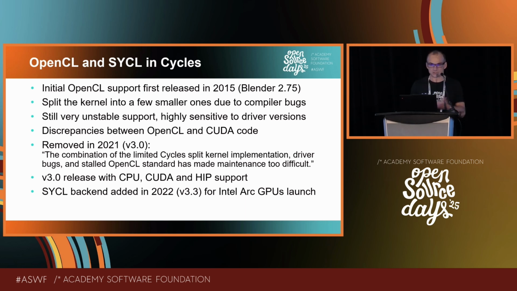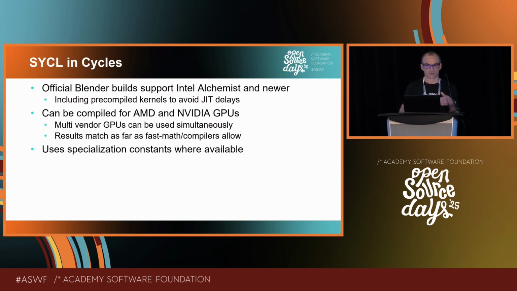And for the release of the ARC GPUs at Intel, we provided the SYCL backend that then came out in the version 3.3 release. The builds that you get if you download a binary of Blender are only compiled for Intel GPUs at the moment. And they come pre-compiled with the hardware that we ship, so you don't have any JIT compiles and wait times. So it should run pretty fast out of the box.